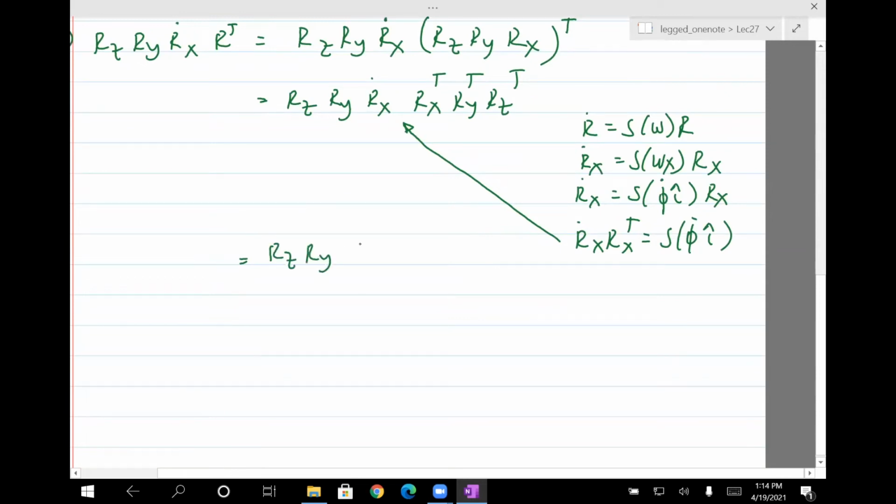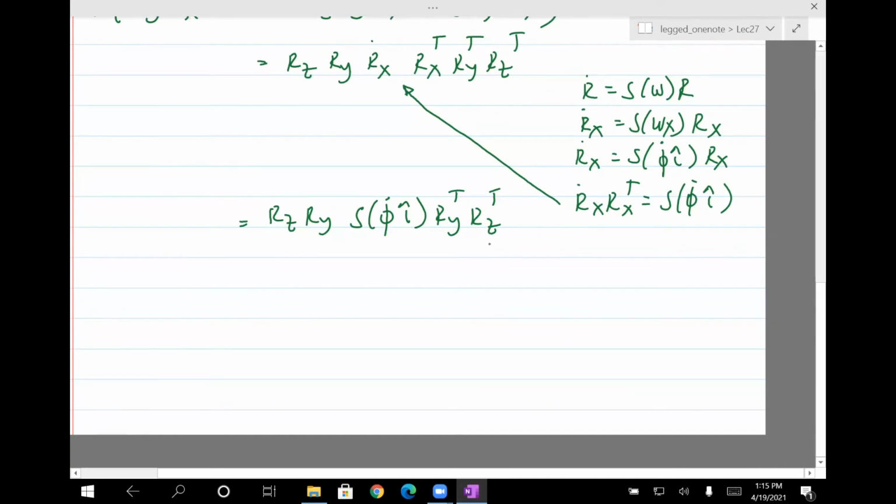Rz Ry S of phi dot I times Ry Rz. I'm going to do a trick, which is the inverse of what I did earlier, which is I basically took AB the whole transpose as B transpose A transpose. So what I can do here is I can write this as Rz Ry times the whole transpose. So if you take the transpose of that, you'd end up with Ry transpose times Rz transpose. That's right.